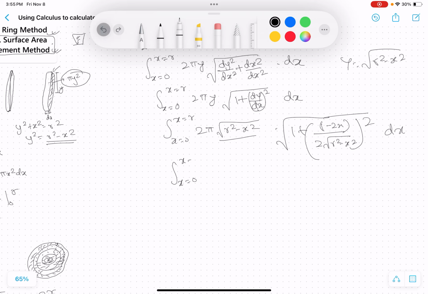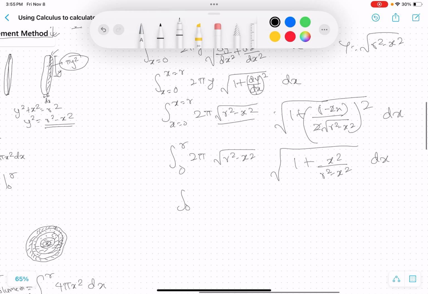From 0 to r, 2 pi square root of r square minus x square times square root of 1 plus, this is for x square, the 2 cancels out, so we don't need this. This is x square by r square minus x square, times dx. This is the integral from 0 to r, 2 pi square root of r square minus x square.